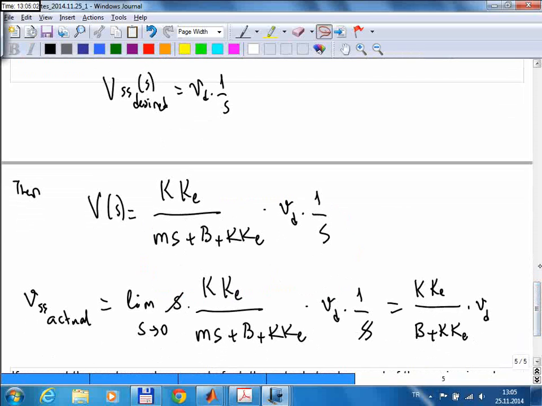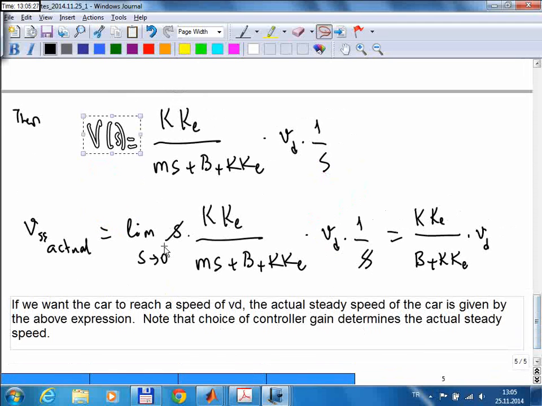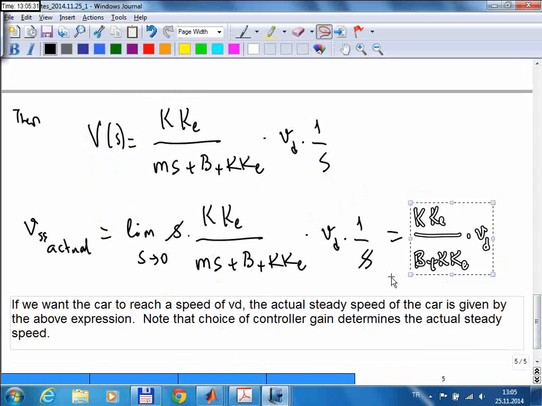So this is the final value theorem. You take the limit as s goes to 0, and in the limit you put s times V of s. The s here cancels the 1 over s in the V of s function. After the cancellation, and when you put 0 into s here, this is what you get.